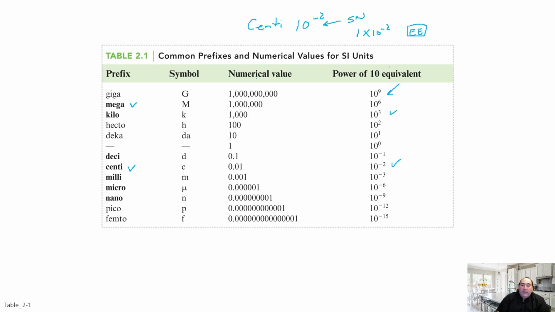So once again, when you see this power of 10 equivalent, that is how much there is in the base unit to one of the prefix unit. If I had 1 centimeter, that is our prefix unit, that would be equal to 10 to the minus 2 meters, which is our base unit.